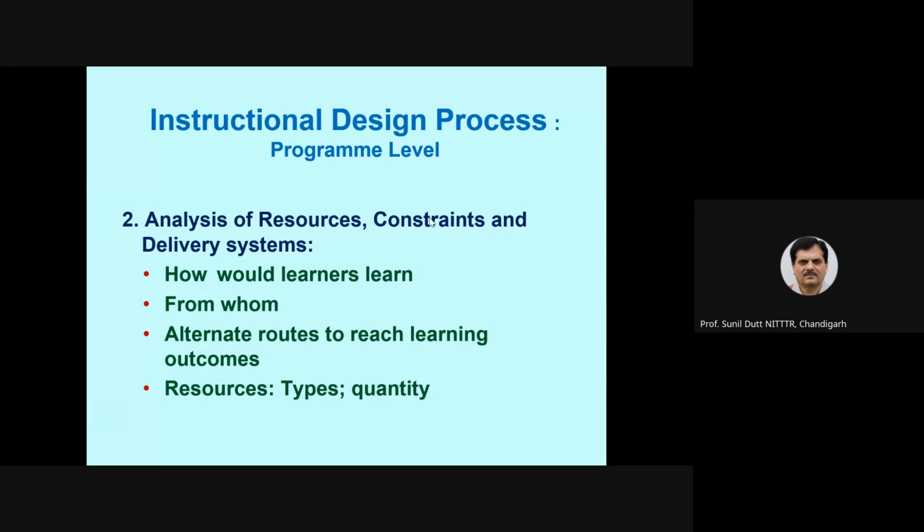attempts to answer questions like, how would students learn to do things that the goals describe? From whom would they learn? Where would they find resources, materials, or help needed by them? What would be required to accomplish the goals?